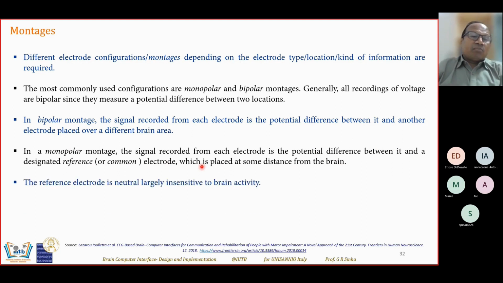But most of the recordings are bipolar. The reference electrode is neutral, mostly insensitive to brain activity, so that is generally not affected. Therefore, sometimes we can connect it at the nose, ear, or neck, because the neck area is hardly affected by brain activity. Even the tip of the nose is not affected by brain activity.